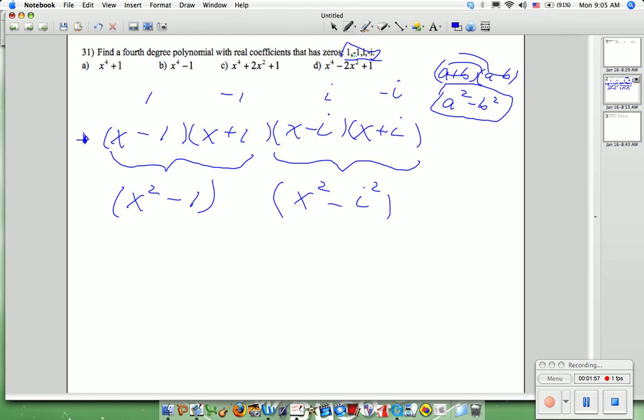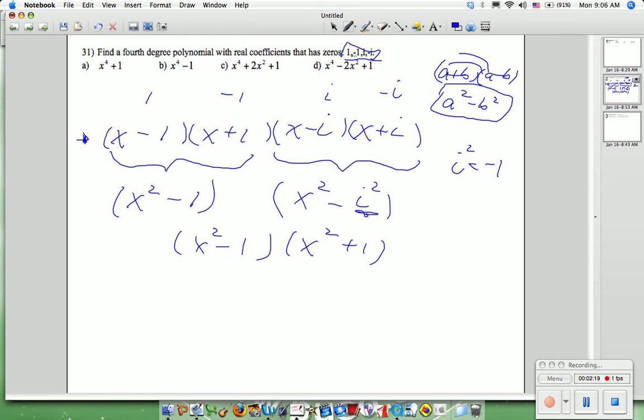Ooh, i squared, my favorite number. What is i squared? i squared is -1. Good. So x squared minus a -1, that gives us a plus 1. So x squared plus 1 times x squared minus 1.